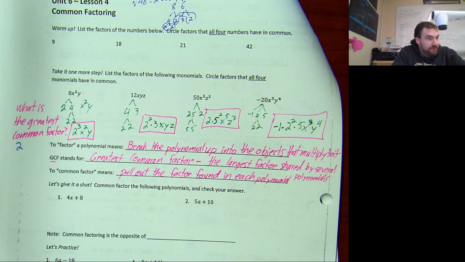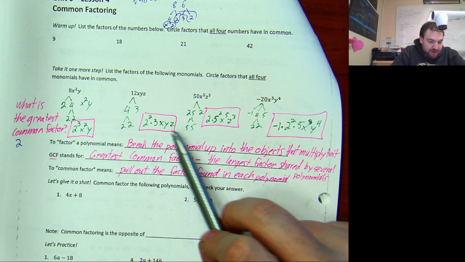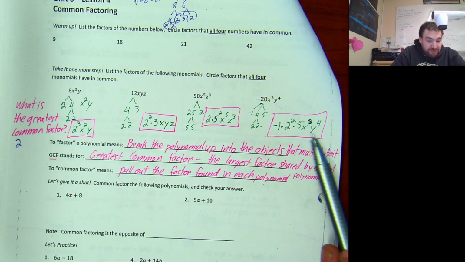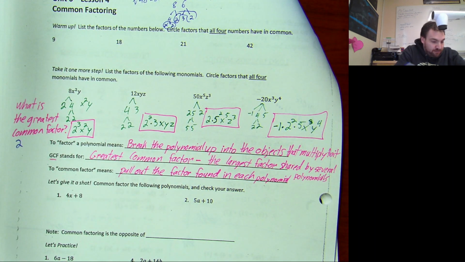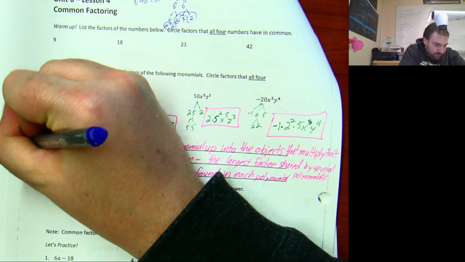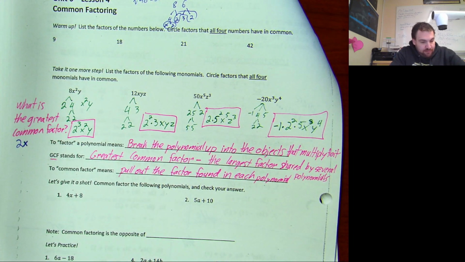Now let's look at the variables. Carolyn. Yeah, because this one has 2 x's, this one's got 1 x, this one has 5 x's, this one has 3 x's. So the greatest number of x's found in all of them is 1. Is there anything else common to all 4 of them?